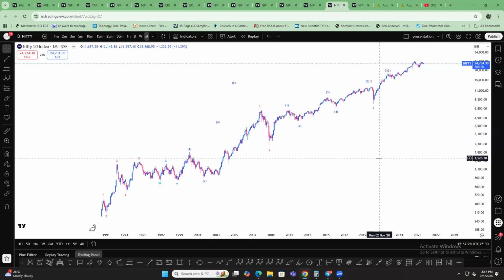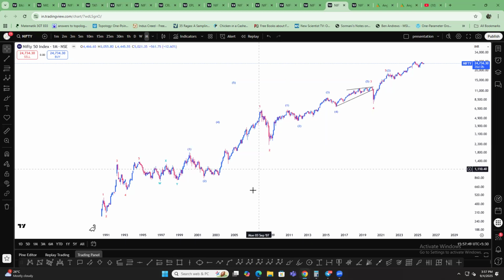Okay, so you can see that this is forming an ending diagonal. It is common nature of wave 5, from where we have got the bigger collapse.